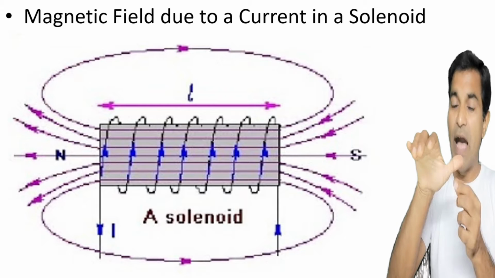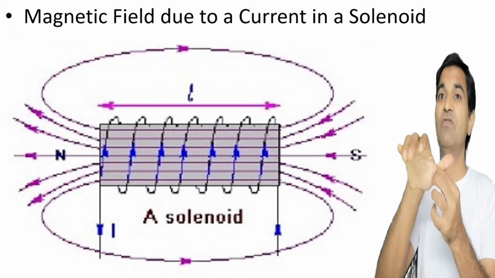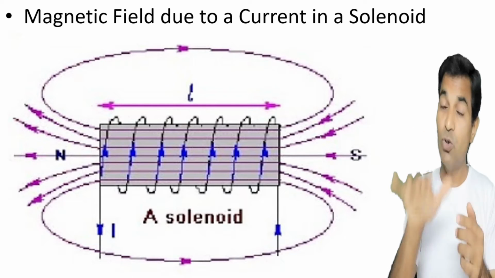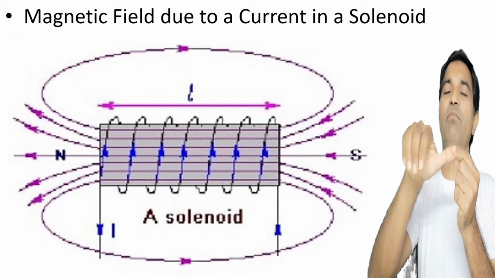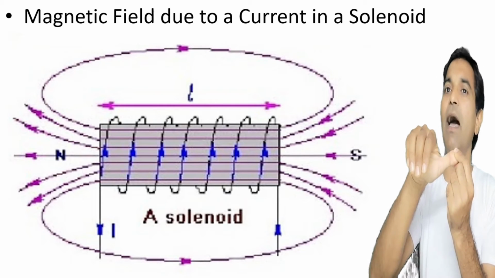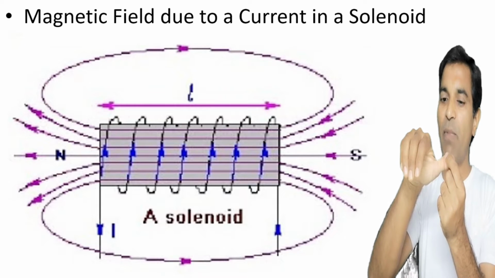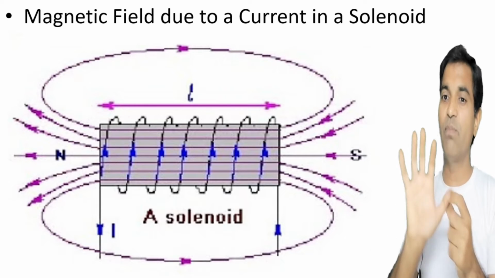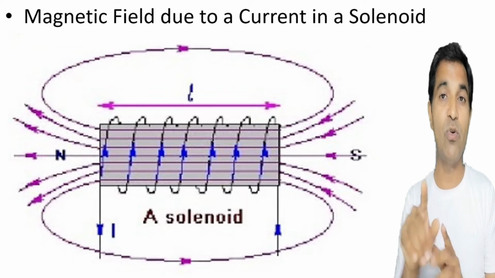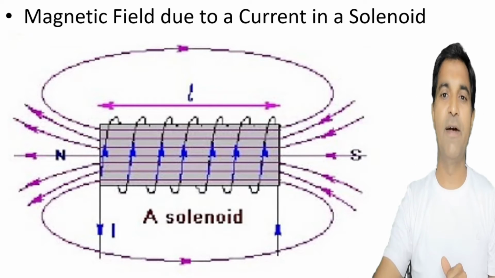Then the direction of the magnetism induced due to this current will be given by the right hand thumb. So this will represent the N, the direction of the magnetic field which will emerge from this solenoid. So here also you will have to use the right hand.